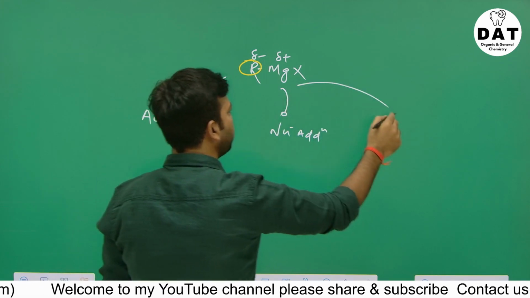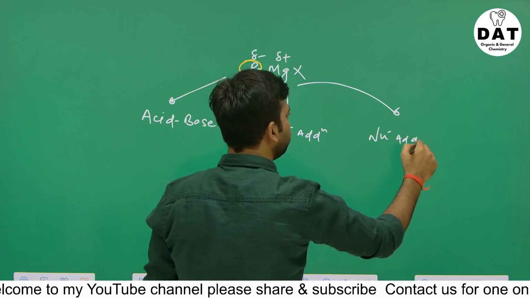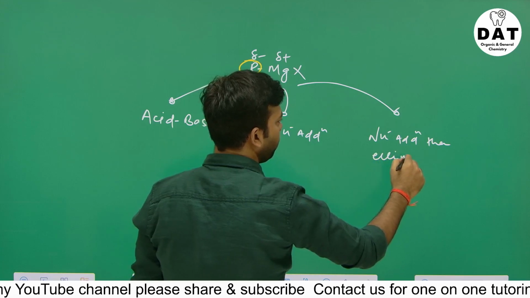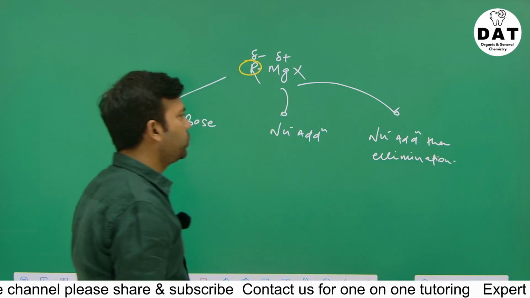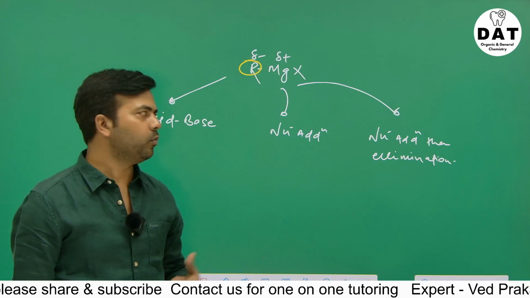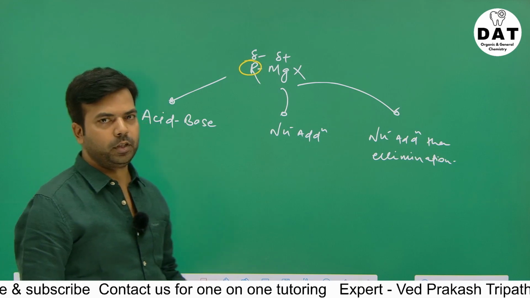And the third reaction is nucleophilic addition, then elimination. So I am going to discuss what is acid-base reaction, what is nucleophilic addition, and what is nucleophilic addition then elimination, with examples. Okay.